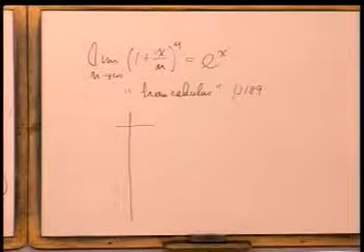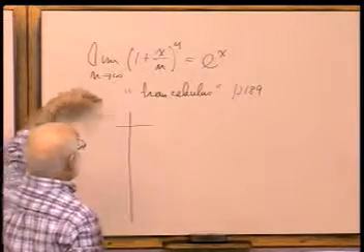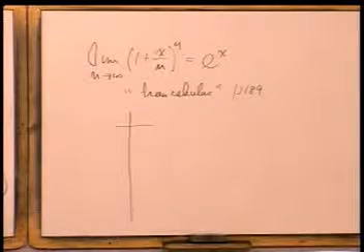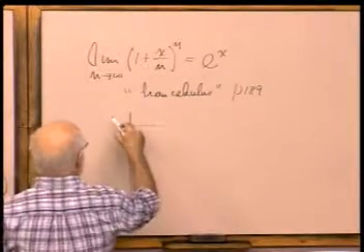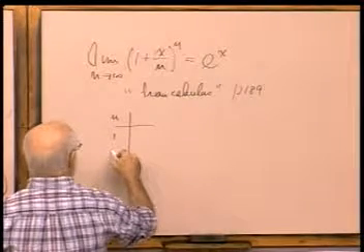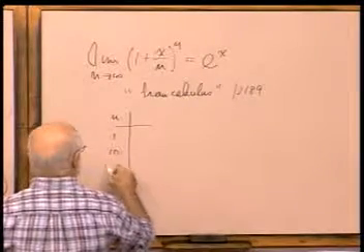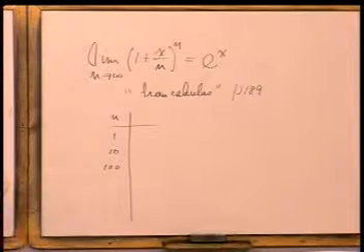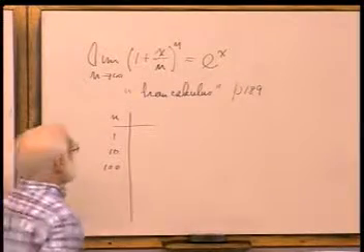Because if you could prove it, you don't need an example. That's what theorems are for. Okay, so let's make a calculation. Let me calculate for different values of n. So we'll take n is equal to 1, 10, 100, and so forth, and see how the limit goes.